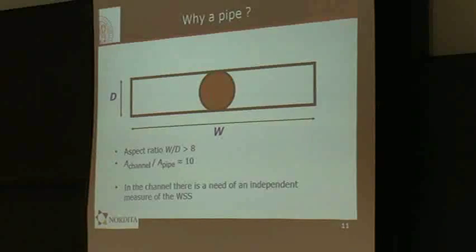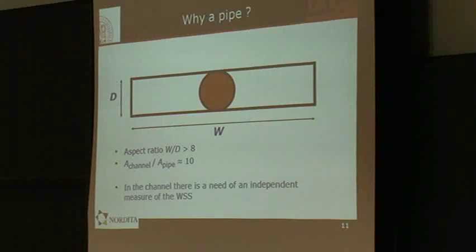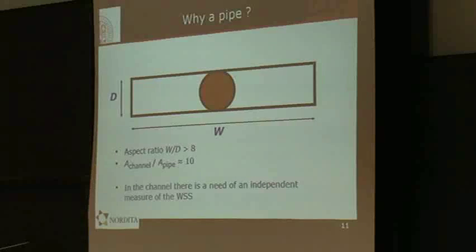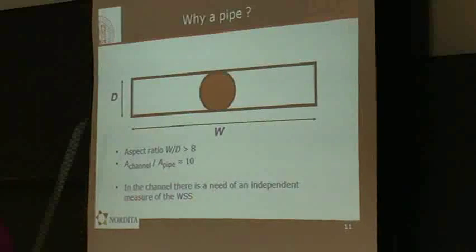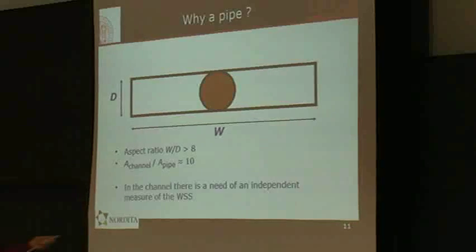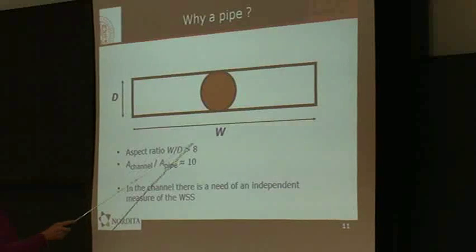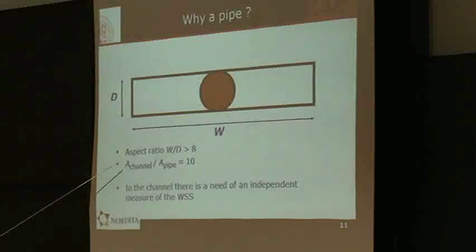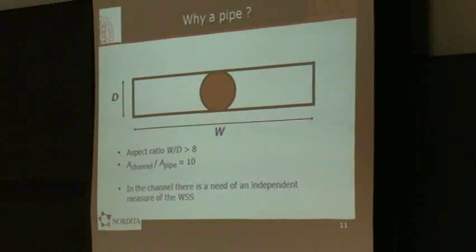But why a pipe? Well, Hassan also stressed this in the early days of the program. If we have a channel flow, of course we need a minimum aspect ratio to guarantee that the effects of the side walls are limited. So if we take, not a large value, but what we think is a minimum value, we end up with an area ratio between the channel and the pipe of at least 10.